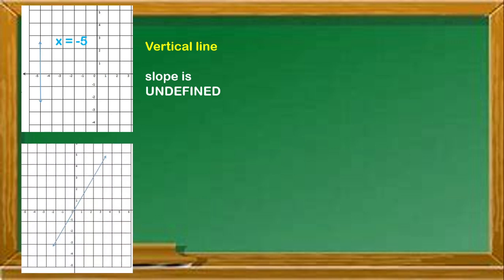If x is -5, so our graph would be a vertical line and the slope is undefined. And here it's slanting to the right, so it rises from left to right, so the slope is positive because it's going upward.